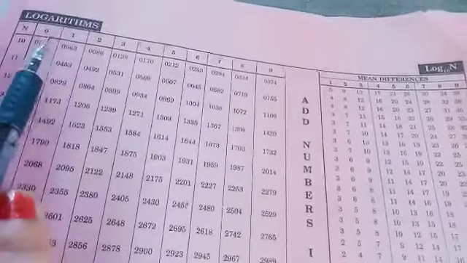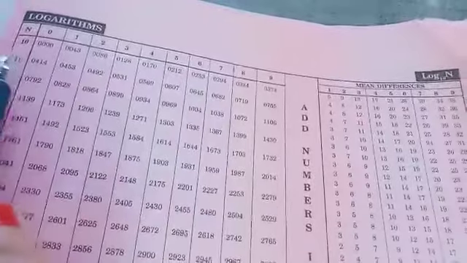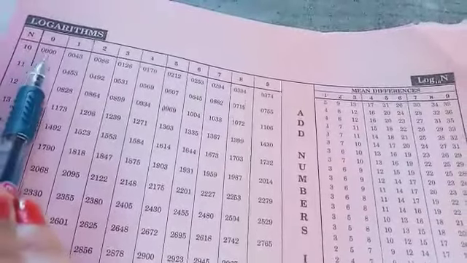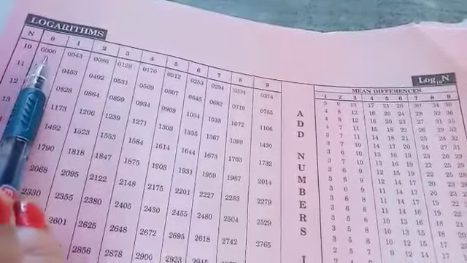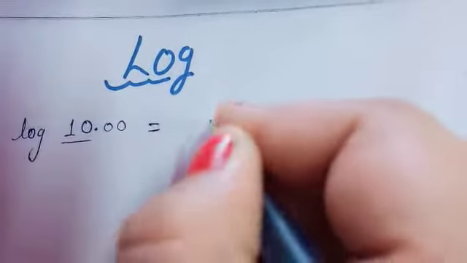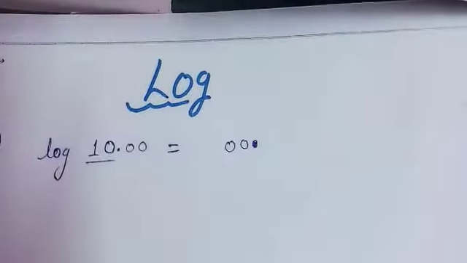Now just see here, it's 0 1 2 3 4, this is given. Now you have to see the value of 10 in 0. Check, value of 10 in 0 is equal to 0. So you have to do one thing, that is log 10 value is equal to 0000, lots of zeros are given. So now just see your value is equal to 00.